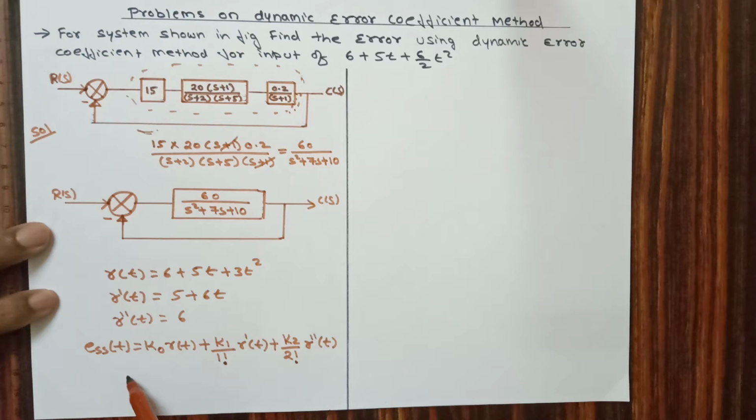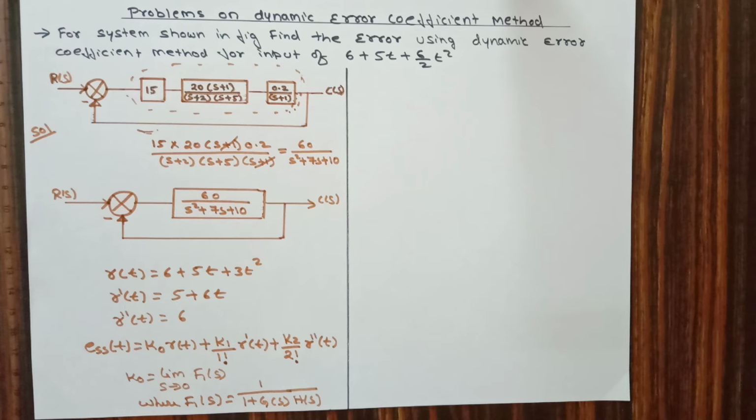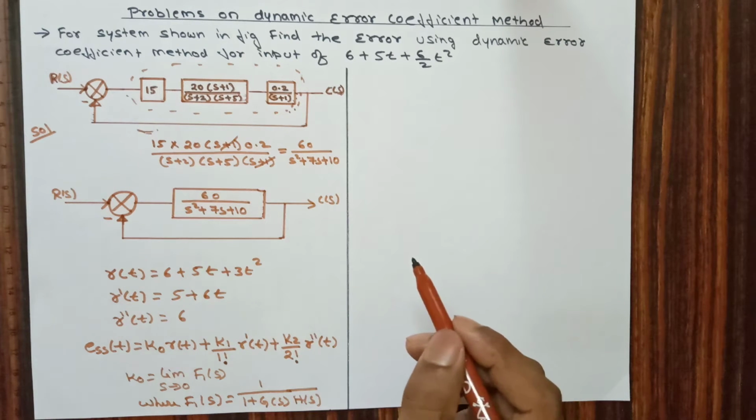The k naught formula is: k naught is equivalent to limit s tends to 0 of F1 of s, where F1 of s is equivalent to 1 divided by 1 plus G of s into H of s. So we know what G of s and H of s are from the given diagram.